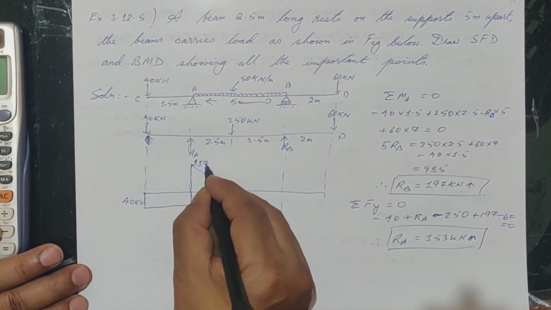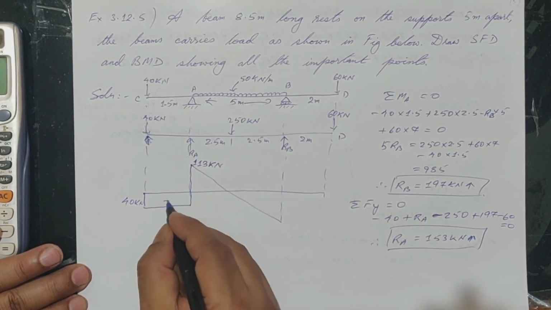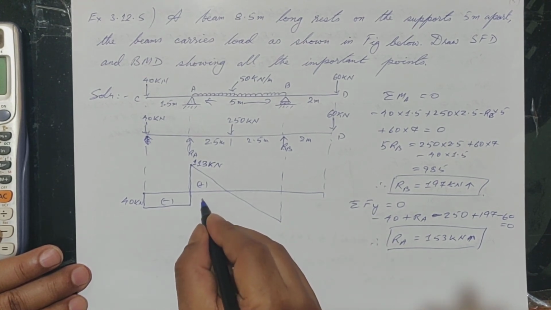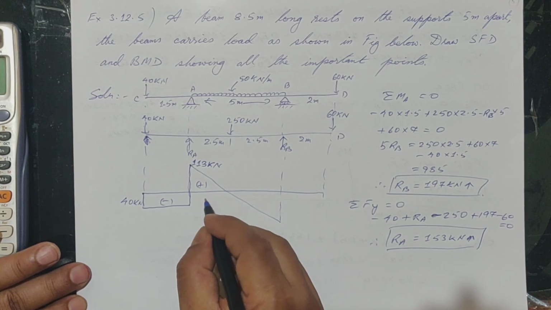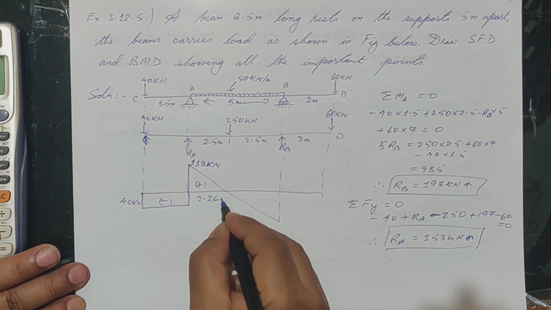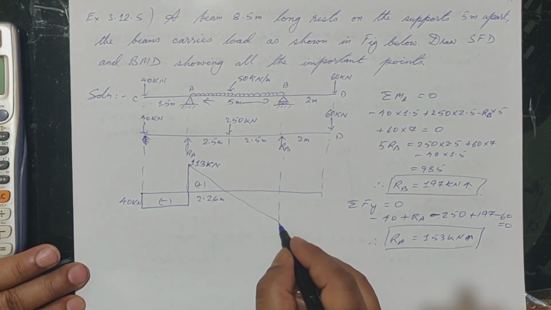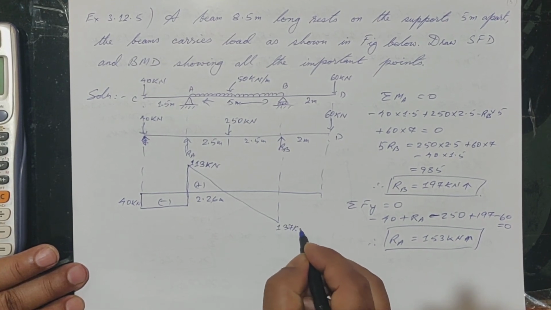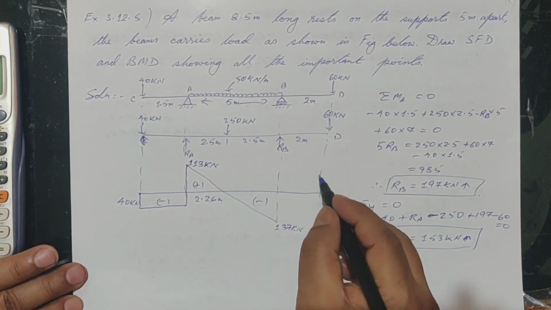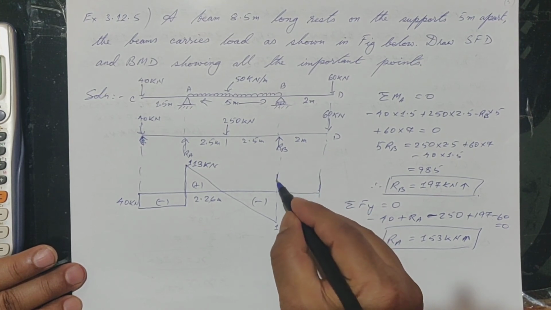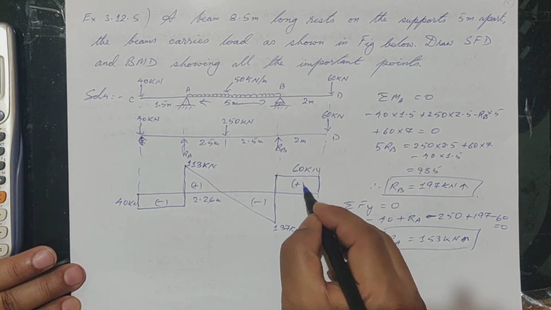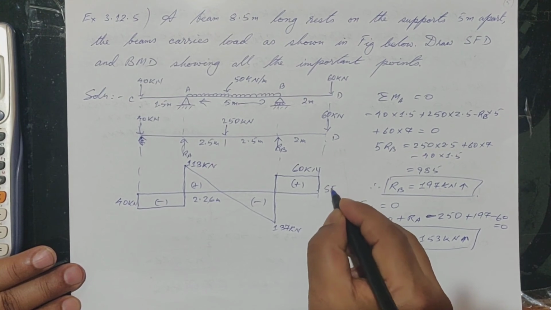Here we have 113 kilonewton. This is negative, this is positive, and this is 2.26. This is 137 kilonewton. This is again negative. Here till here we have 60 kilonewton. This will be positive. This is our SFD.